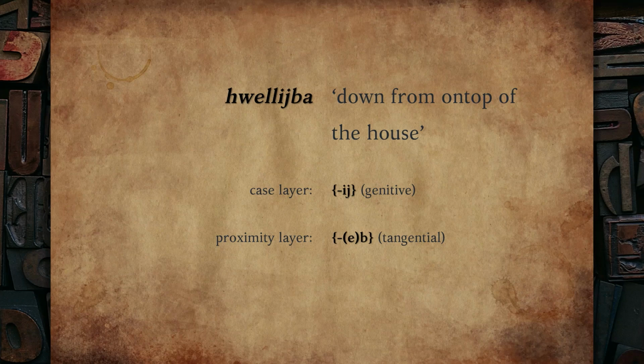It moves from touching the upper side of the house, or the roof of the house probably. So this means, of course, we have the above in the location layer, and those 3 combined would mean down from on top of, right?